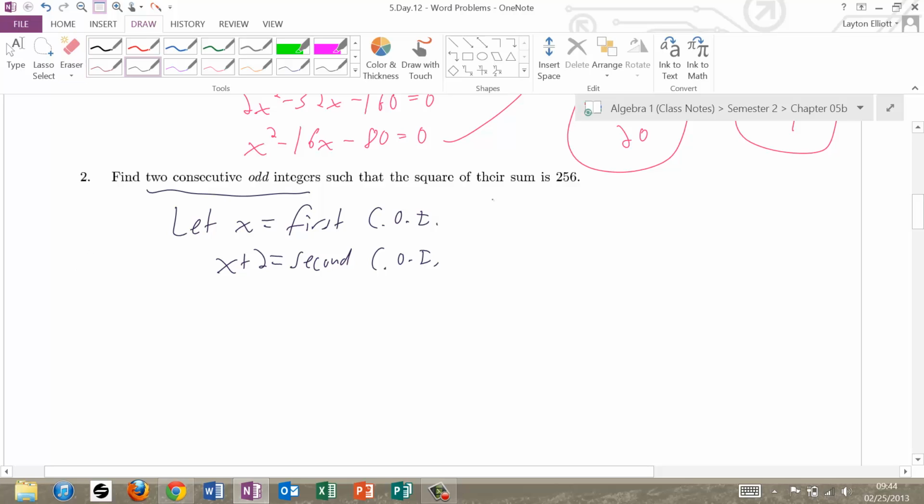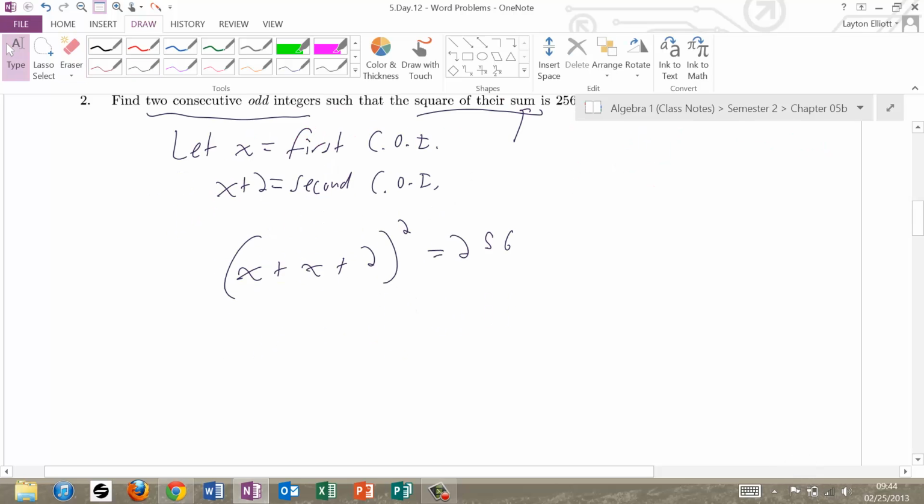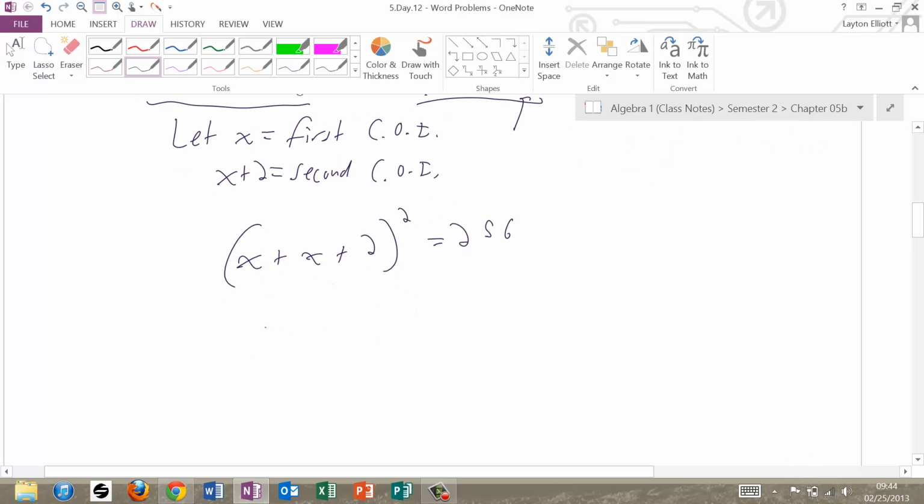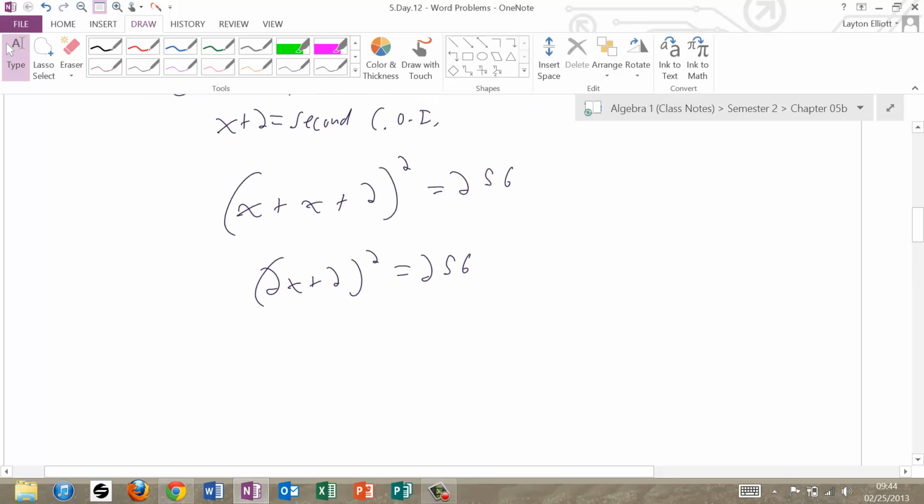Okay, so then it says the square of their sum, which means we do their sum first, x plus x plus 2, then we square that. Is means equals 256. Simplify what's in the parentheses, and I get 2x plus 2 quantity squared is equal to 256.